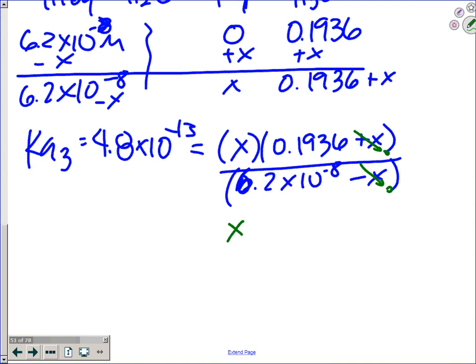So you'll take Ka3 times 6.2 times 10 to the negative 8, and then divide by 0.1936. So by moving your numbers that way, we're going to solve for x. Ready when you are. Go. Louder. Negative 13, 19.